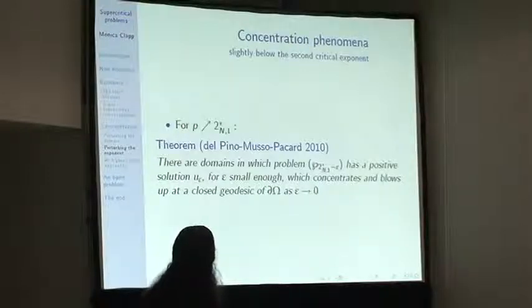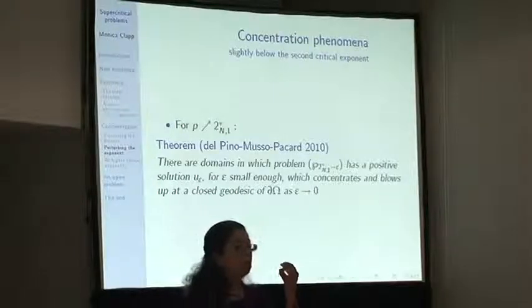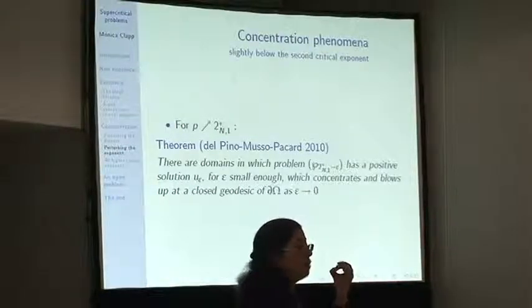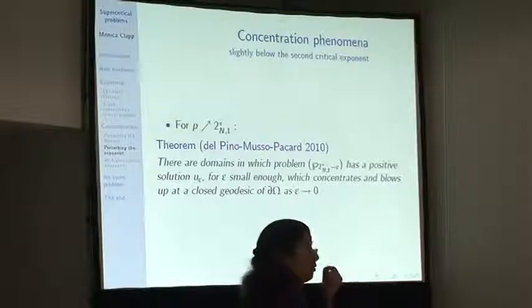They show that there are domains for which this problem, as it approaches the second critical exponent from below, as little epsilon goes to 0, the solutions concentrate and blow up at a closed geodesic of the boundary. So you see, if you are at the usual critical exponent, you find concentration at points. If you look at the second critical exponent, these guys have shown that there is concentration at a curve, but now the curve lies on the boundary.